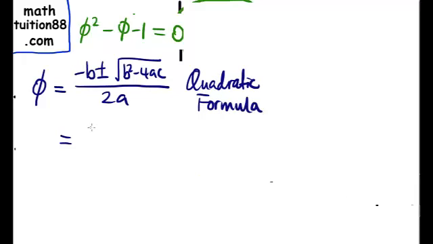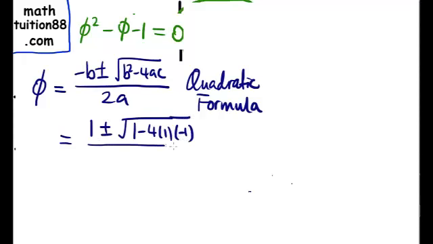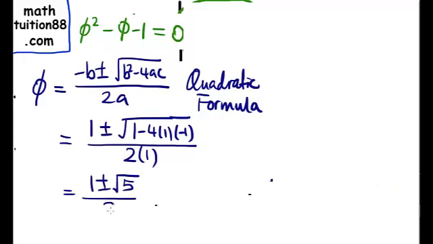Now we just sub in the b. b is minus 1, so now we have 1 plus minus root b squared, which is 1, minus 4 times 1 times minus 1, over 2 times 1, which will be 1 plus minus root 5 over 2.